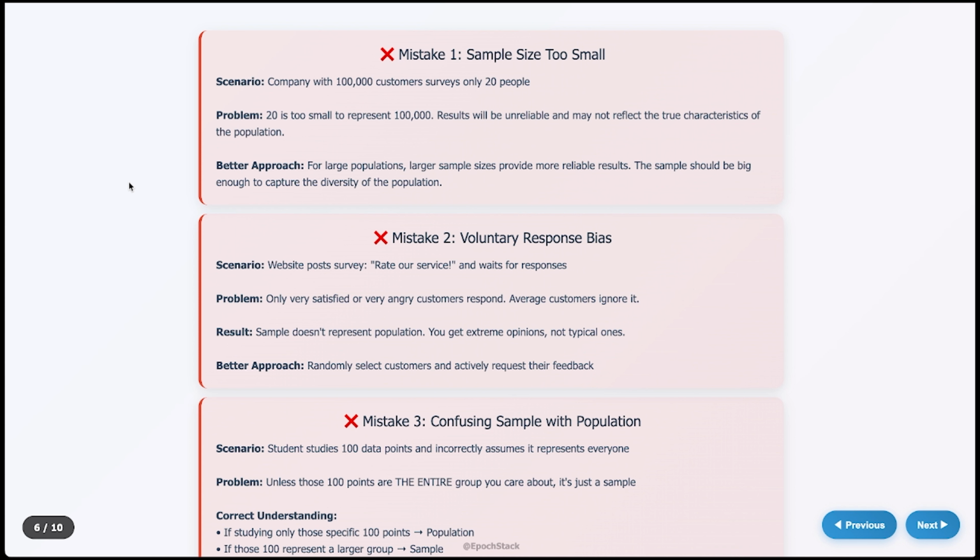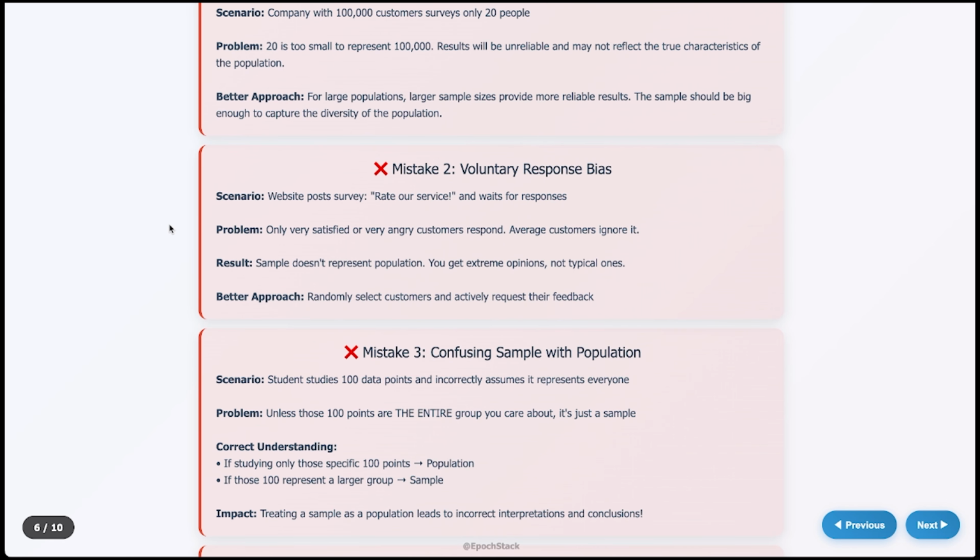If you train the machine learning model on this data, you miss the data from the average customers, and your model may get the extreme opinions, not the typical ones. So the better approach is to randomly select the customers and actively request their feedback.